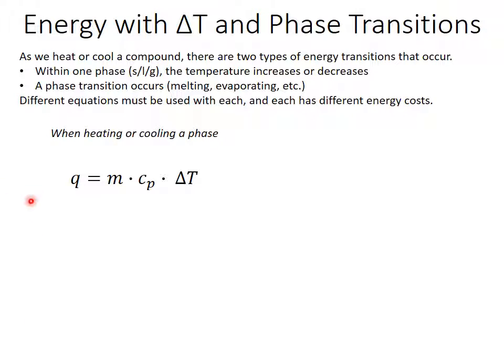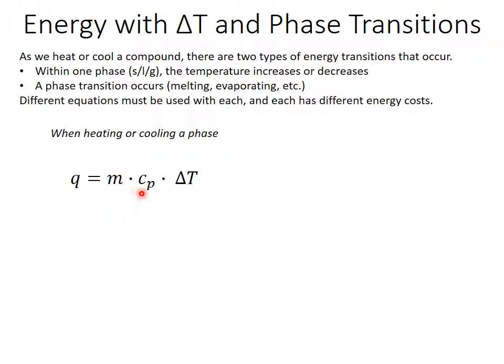The first equation is what we use when we're heating or cooling a phase, and this is the one that has the delta T, the temperature change component. The heat equals the mass of whatever the compound is times that compound's specific heat capacity times the temperature change. And this is because that specific heat capacity is the energy required to heat 1 gram of something by 1 degree Celsius.